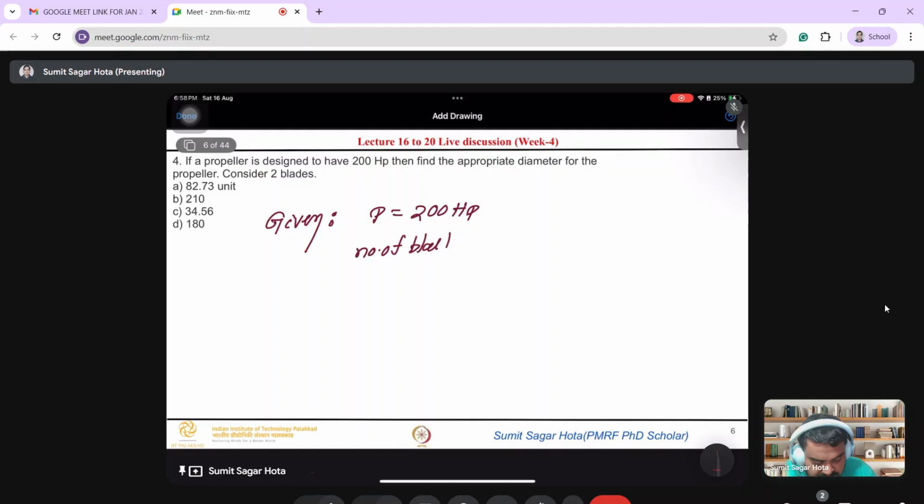Number of blades is equal to 2. So diameter D for a 2 blade propeller is equal to 22 into horsepower to the power 0.25.